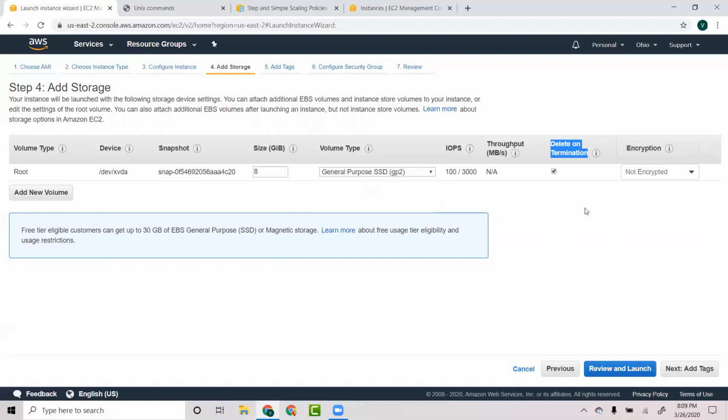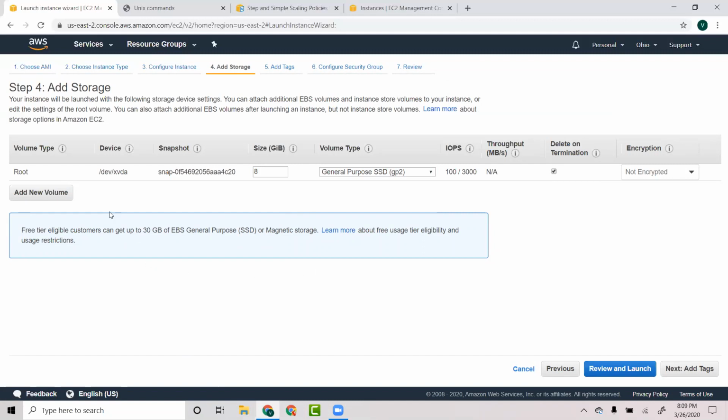If I uncheck this one, then even though I terminate my EC2 instance, my volume will still be there. I will be able to reattach it to another EC2 instance later on. Make sense? But for the root volume, by default, delete on termination will be true.